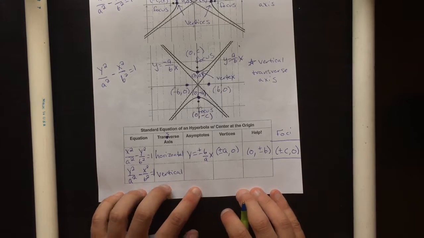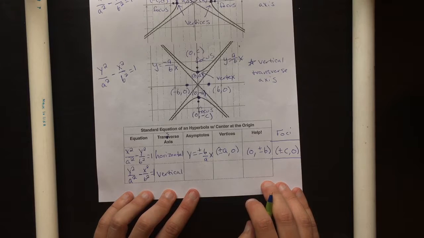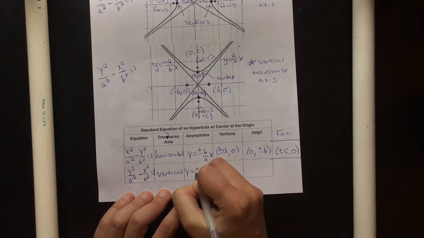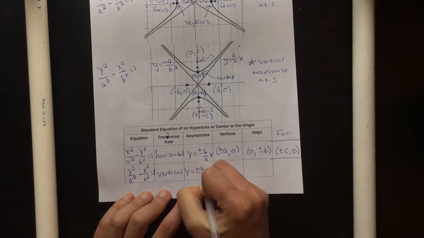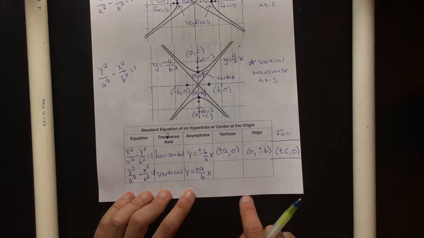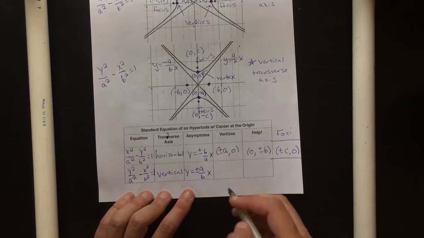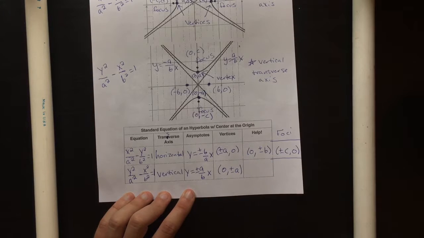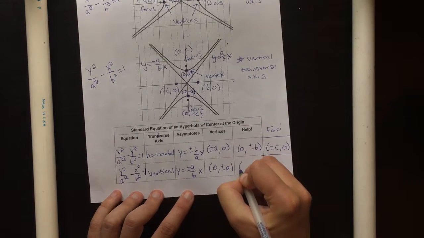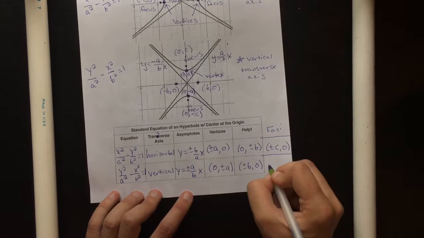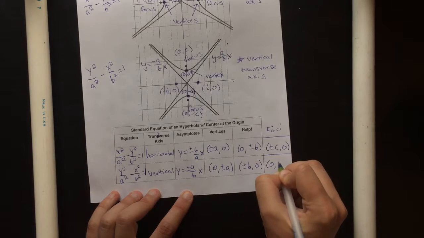All right, and our asymptotes for our vertical transverse axis hyperbola are at y equals plus or minus a over b x. It's just flipped of the horizontal. And our vertices are at 0 comma plus or minus a. Our help points are at plus or minus b comma 0. And our foci are at 0 comma plus or minus c.